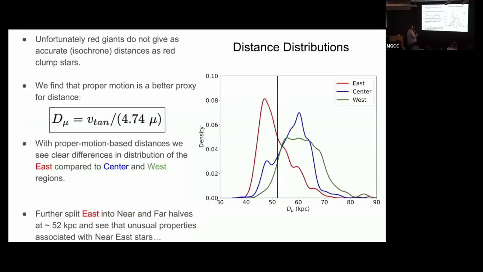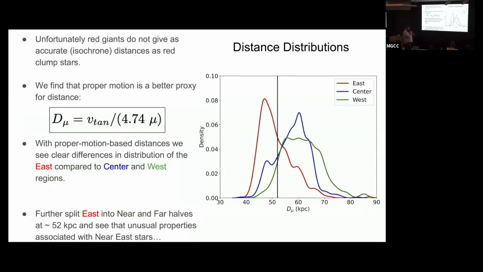Results. Our sample of stars was mostly RGB stars, which are not really good standard candles, so we decided to use proper motion as a proxy for distance.